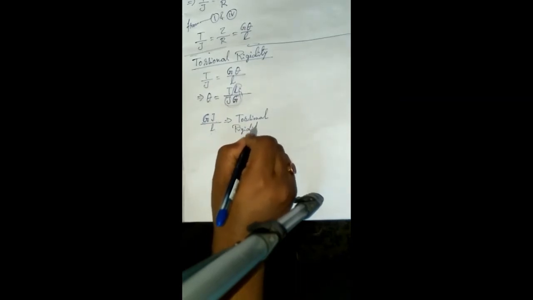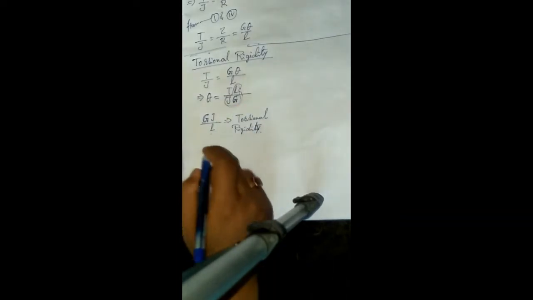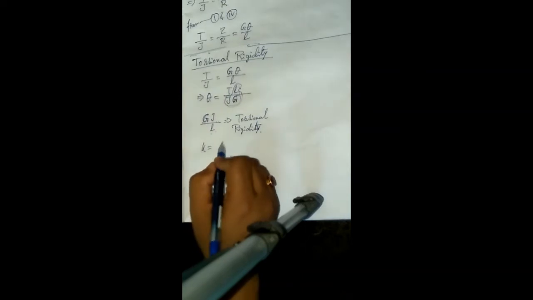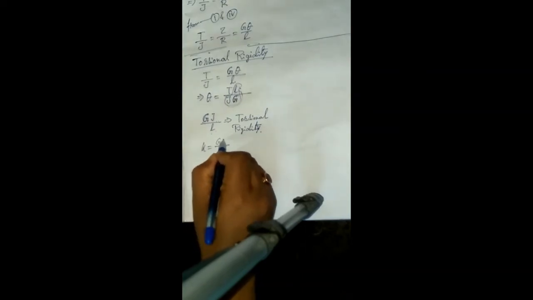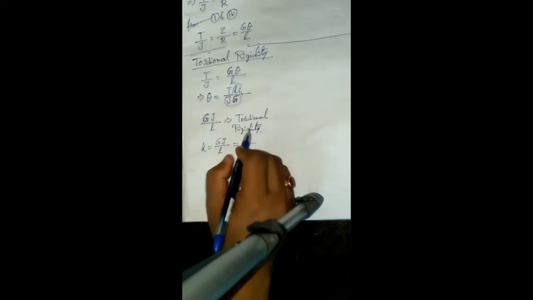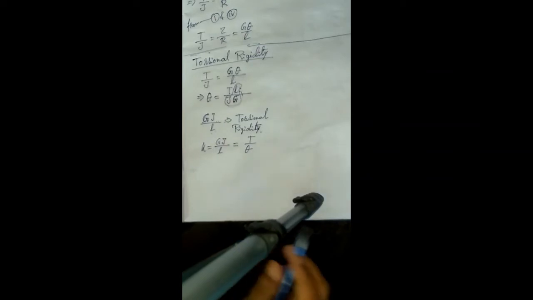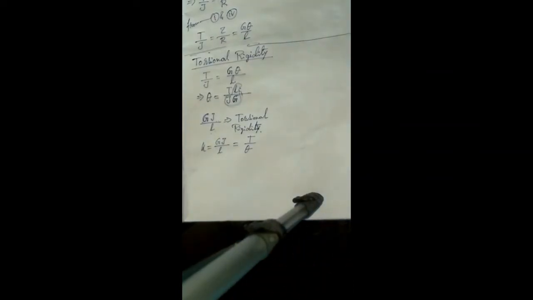This torsional rigidity is represented by K, that is GJ by L or T by theta, and it is called torsional rigidity.